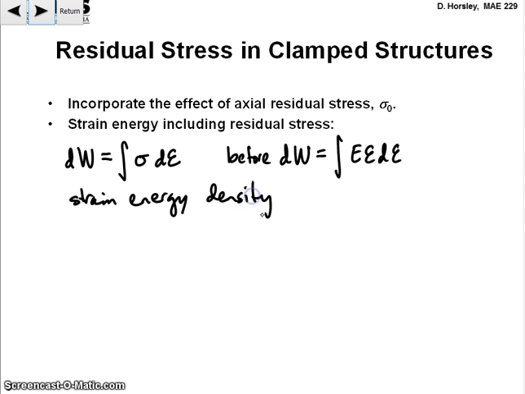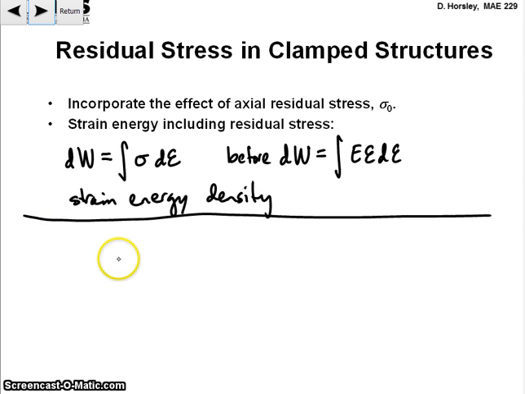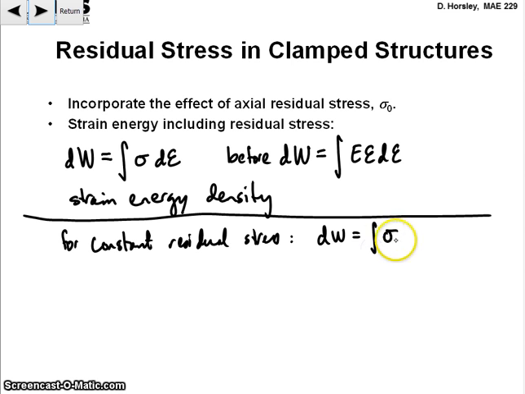Okay, now what we want to do is, for a constant residual stress, we find that dW is going to be equal to the integral of sigma naught d epsilon, and so we get sigma naught times epsilon.